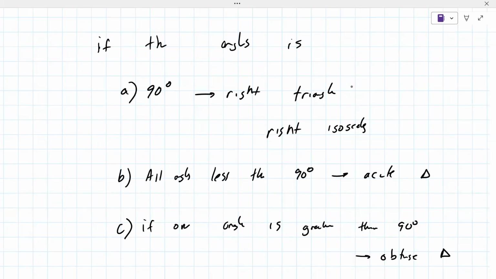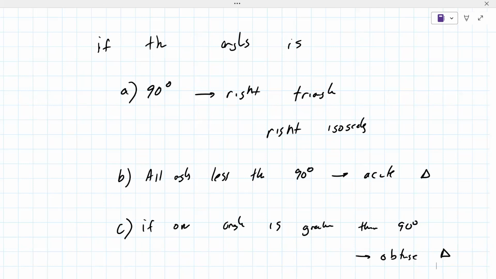All this vocabulary is needed. So really keep in mind, acute means all the angles have to be less than 90. If there's one 90-degree angle, it's a right triangle. If one angle is greater than 90, it's obtuse.